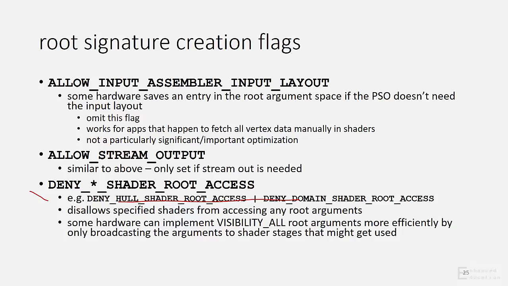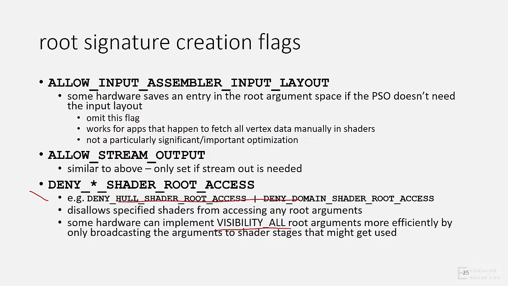The value in specifying these flags is that if you specified visibility all for a root argument, in other words, you've asked for a root argument to be broadcast to all shader stages, some hardware has to take a cost that is proportional to the number of stages that an argument is being broadcast to, and can limit the amount of work that's needed to just the necessary stages.